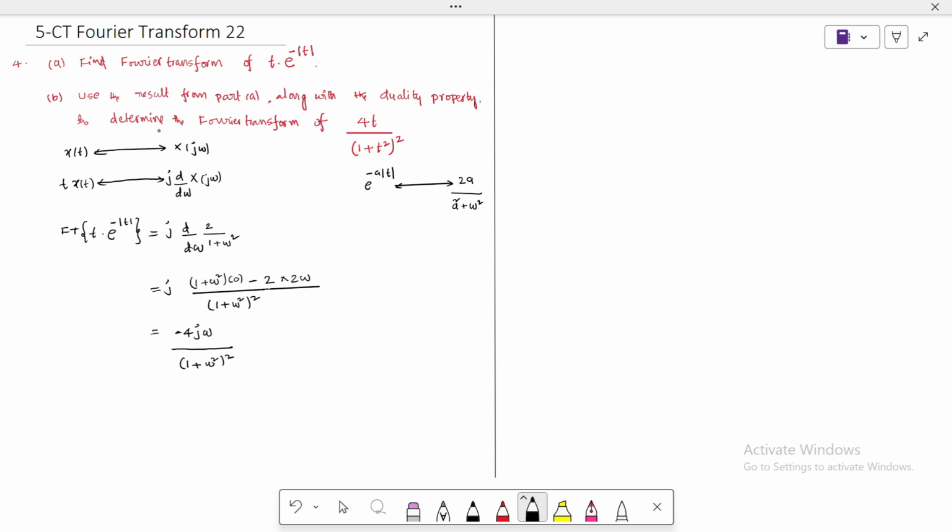Then next question: use the result from part A along with the duality property to determine the Fourier transform.